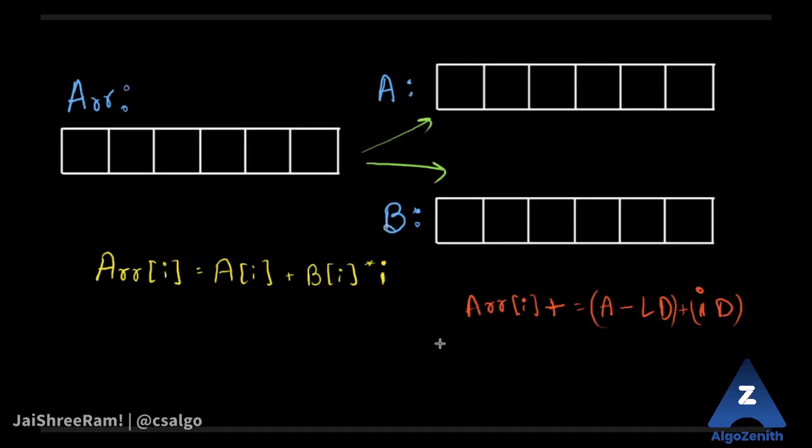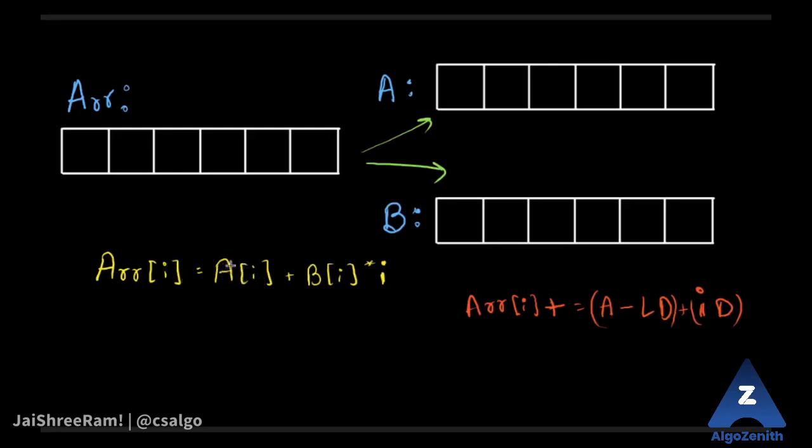Now when we were doing addition, we had this general term over here, A minus LD. This is a constant term, and we want this constant term to contribute to ARR in a constant way, like every index in L to R gets a contribution of A minus LD. So we can add this to the range L to R in the A array, because whatever the values in this range are, they will finally get contributed linearly.